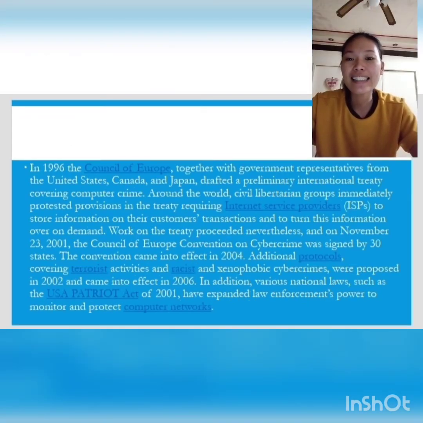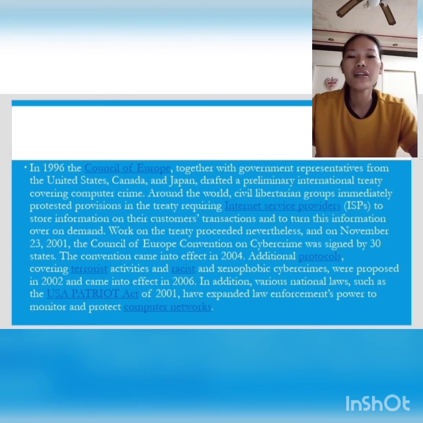In 1996, the Council of Europe, together with government representatives from the United States, Canada, and Japan, drafted a preliminary international treaty covering computer crime.